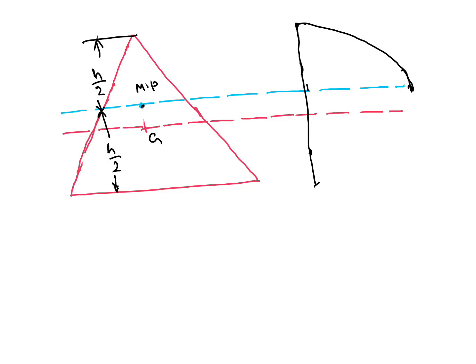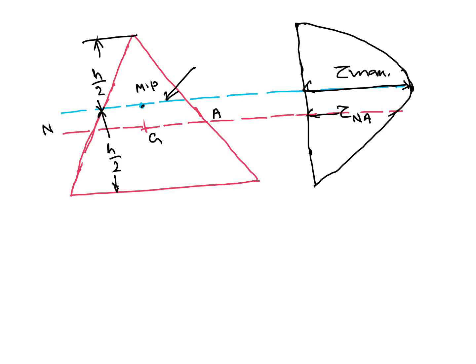At neutral axis, this is neutral axis and this is midpoint line. Maximum at midpoint. Shear stress is maximum at midpoint. So here tau at neutral axis.